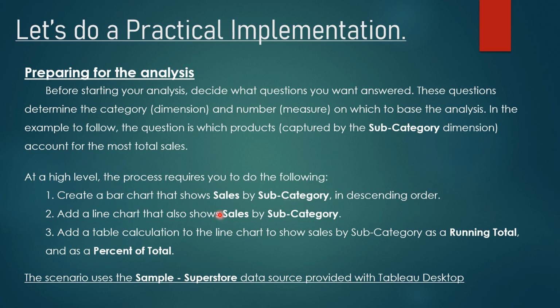The next step is to add a line over the bar chart that shows sales by subcategory. And the last and main task is to add a table calculation to the line chart to show sales by subcategory as a running total and as a percent of total.